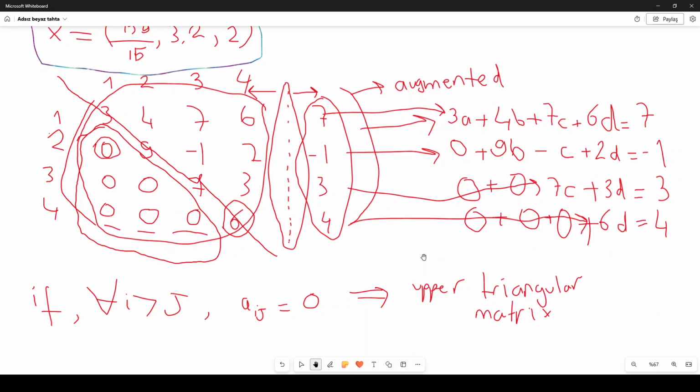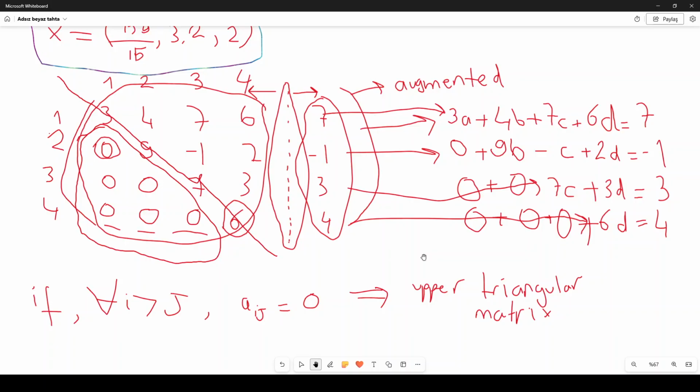How can we do that? Can we convert a system into an equivalent one? Then we will proceed to one of the most important topics, namely elementary row operations, and combine our ideas of upper triangular form, equivalent form, and elementary row operations for applying the Gaussian elimination or Gauss-Jordan method for solving a system of linear equations.